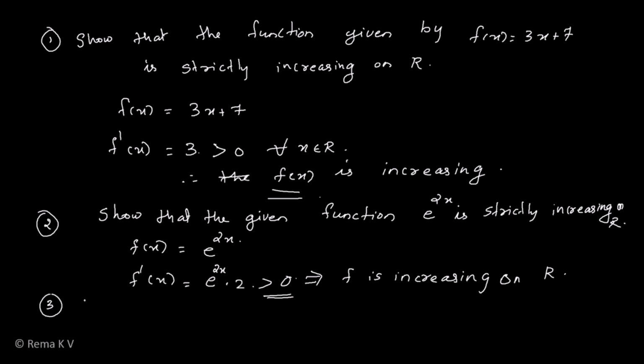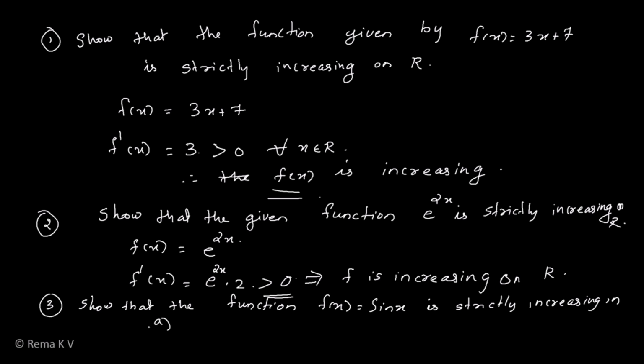Show that the function given by f of x is equal to sin x is strictly increasing in the open interval (0, pi by 2) and strictly decreasing in the open interval (pi by 2, pi).